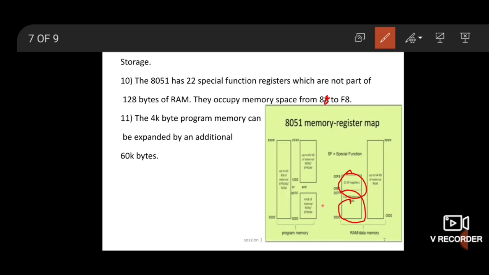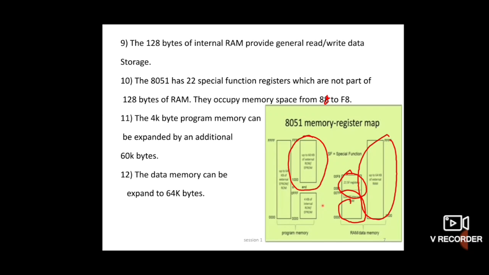Means in program memory you can expand the memory up to 60 kilobytes, and in data memory, or RAM, you can expand the memory by 64 kilobytes. Understood student?